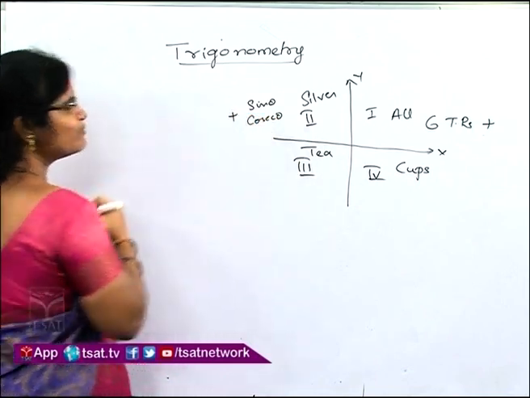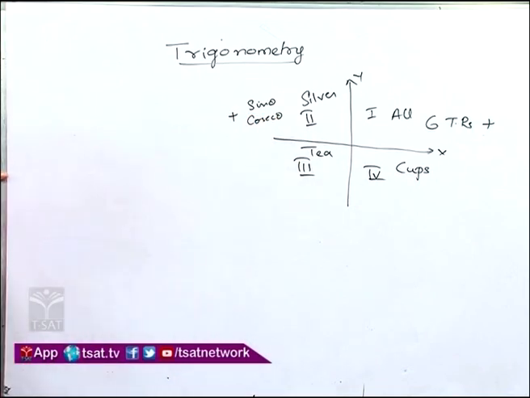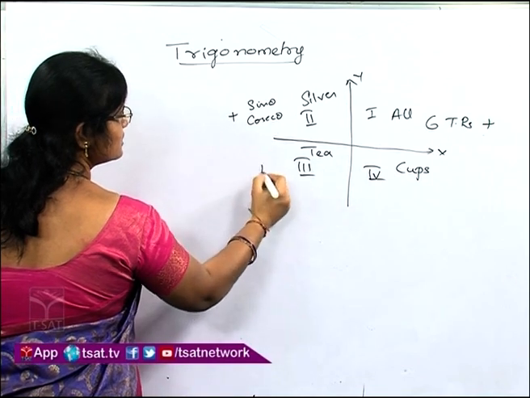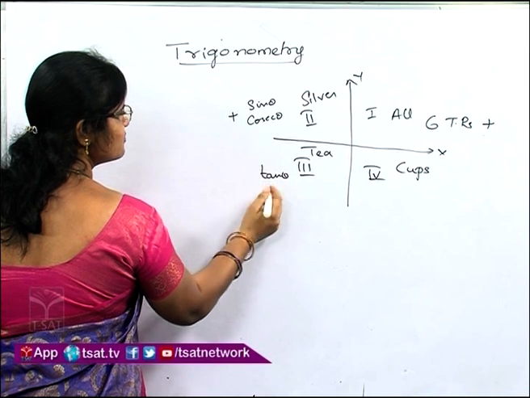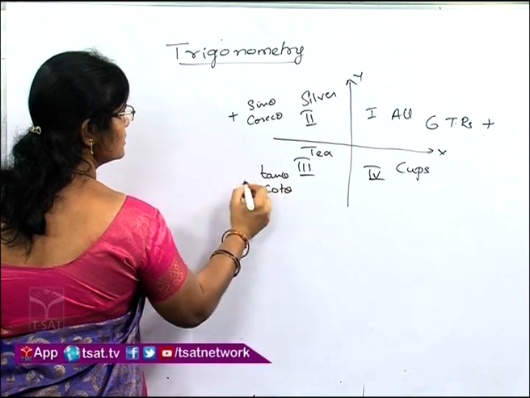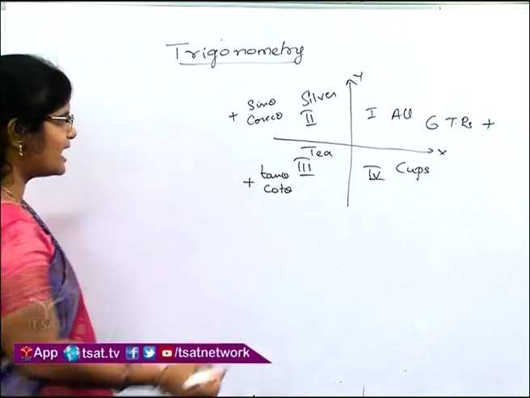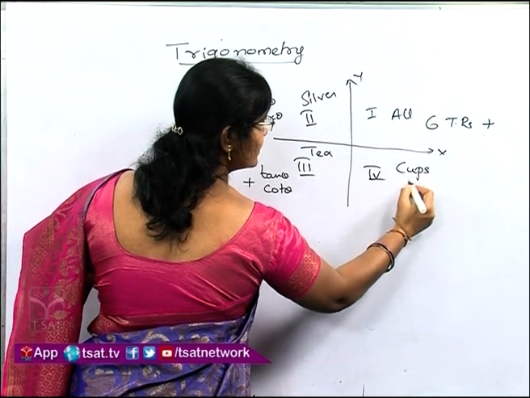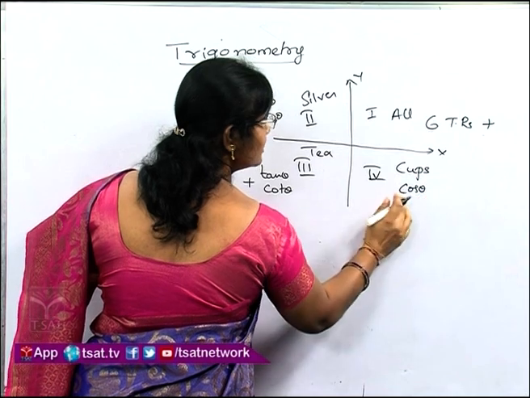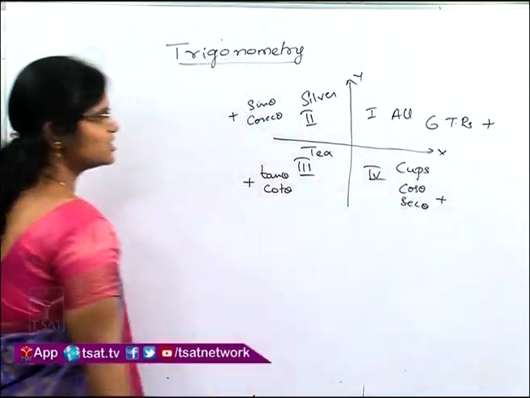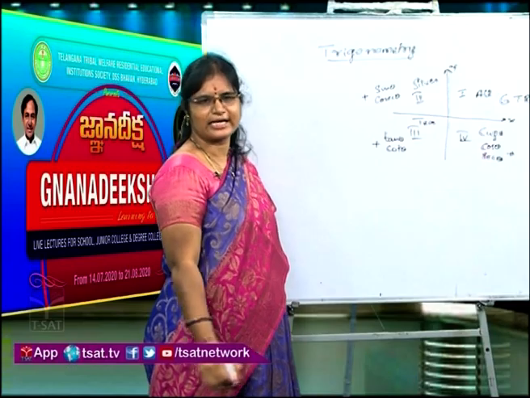So these 2 are positive and the remaining 4 are negative. Now in the third quadrant, Tea means tan theta and the reciprocal of tan is cot theta. These 2 are positive and the remaining 4 are negative. And in the fourth quadrant, Cups means cos theta, the reciprocal of cos is secant theta. These 2 are positive and the remaining 4 are negative.